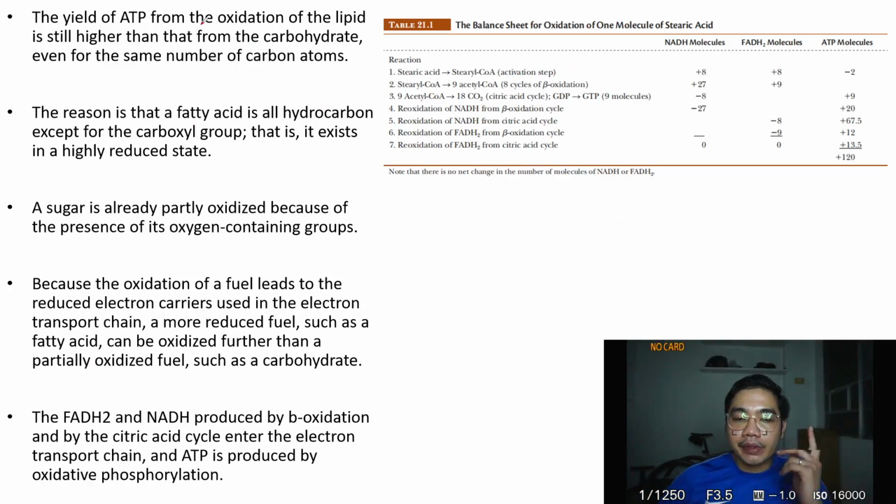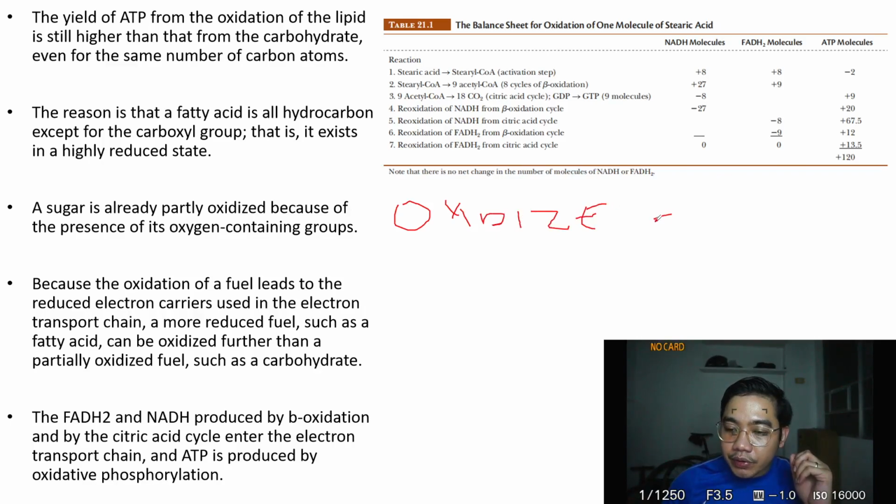So the reason why is, the general point, if you want to oxidize to produce ATP, this is more of a concept.